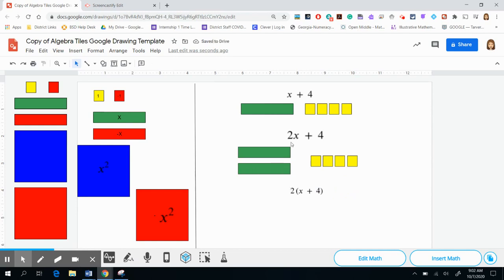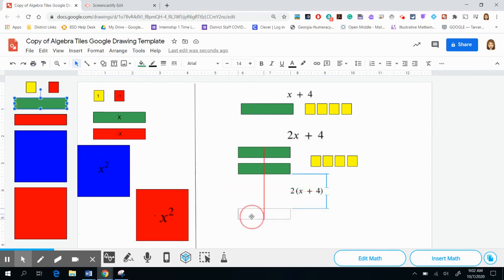So let's take a look and compare the two expressions here. Here we have 2 groups of x plus 4 groups of 1. When reading this expression, we would actually read it as 2 groups of whatever is inside the parentheses. So this is actually 2 groups of x plus 4.